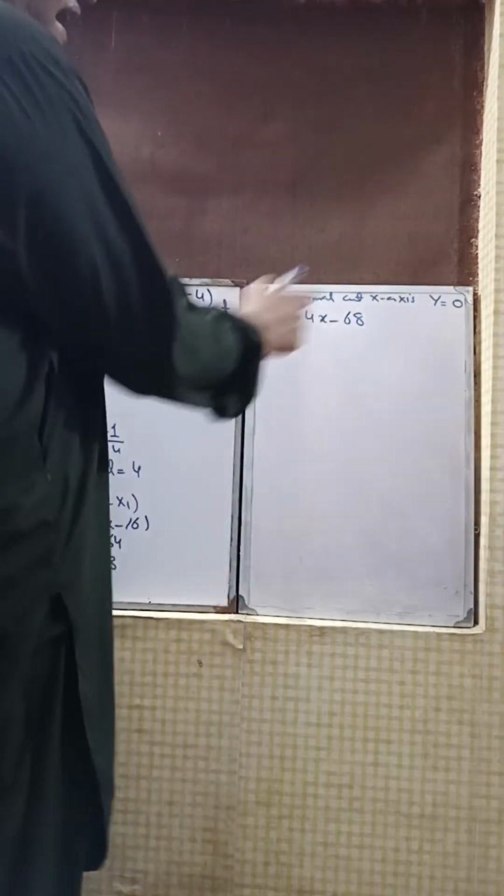So in the equation of the normal, which is y equals 4x minus 68, in the place of y, I will put 0.